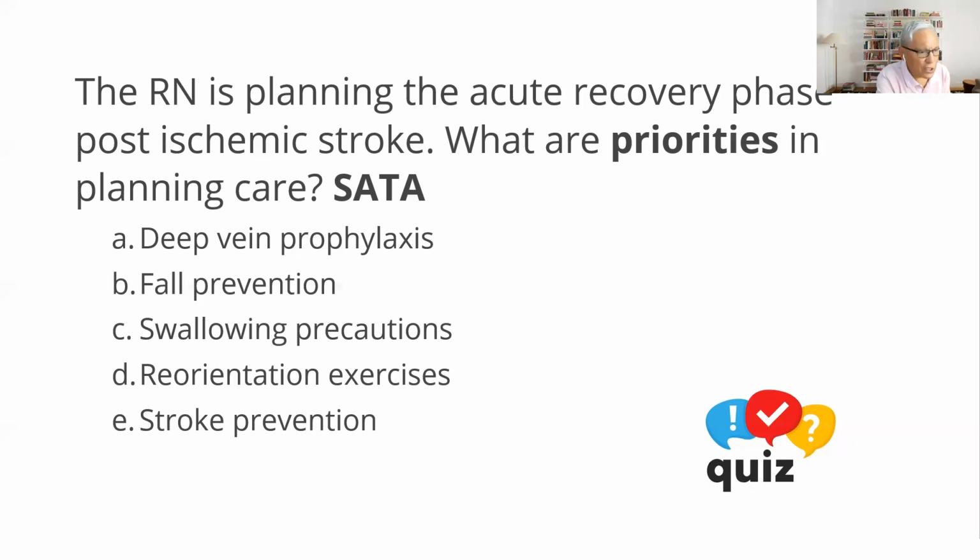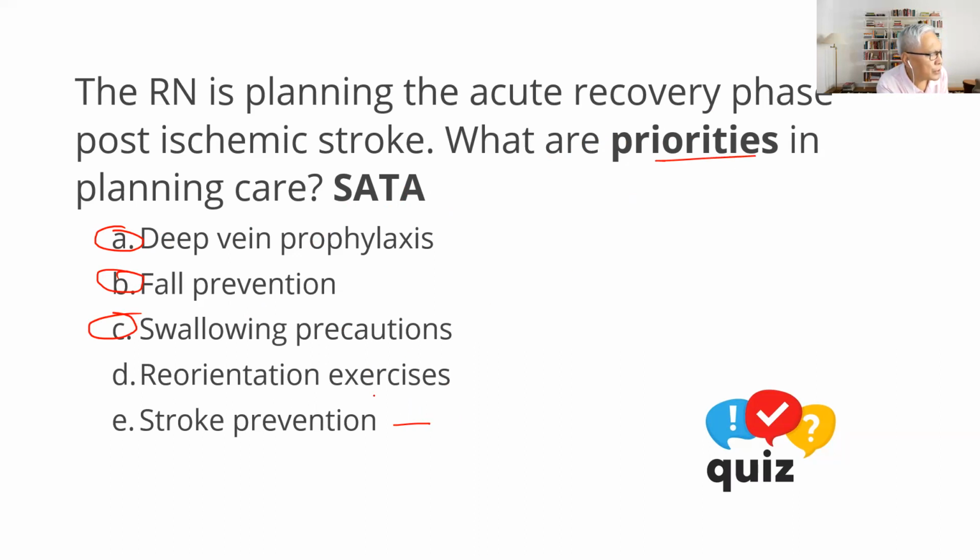Okay, so this is a little bit tricky. It says, what are priorities in planning the care? So, which means to say that this is the immediate part of the recovery phase. So obviously this is going to be correct, this is going to be correct, and these are going to be correct. So this one, stroke prevention, probably right before discharge, would not be a priority.